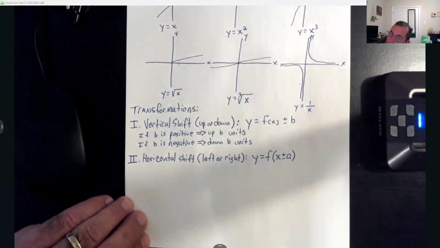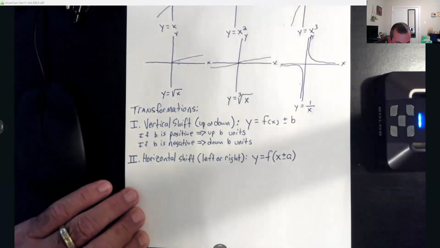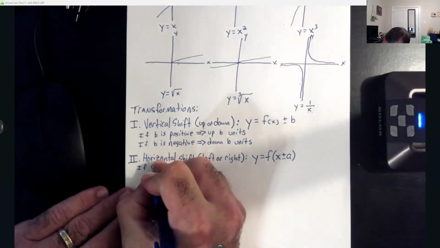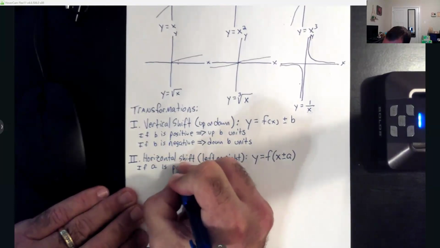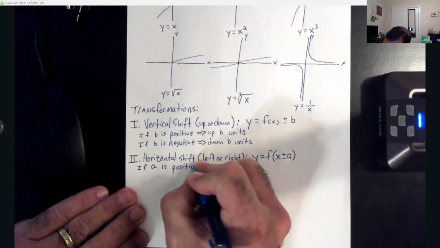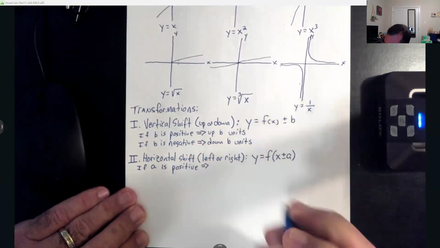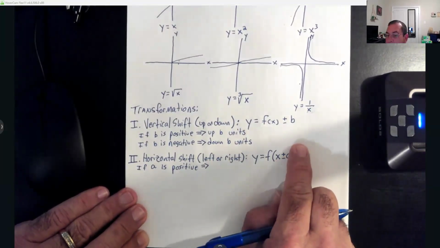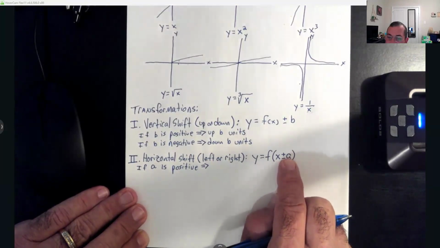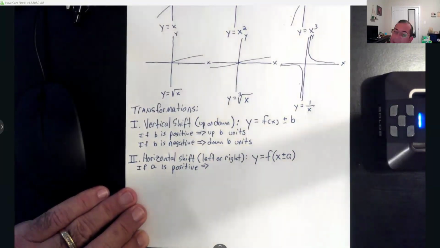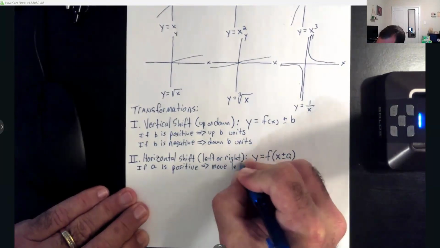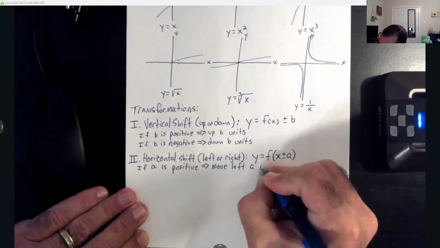Now, horizontal is a little bit backwards from what you would think. If a is positive, so if I'm adding to the x value before it gets evaluated, that's actually going to move my graph to the left a units.